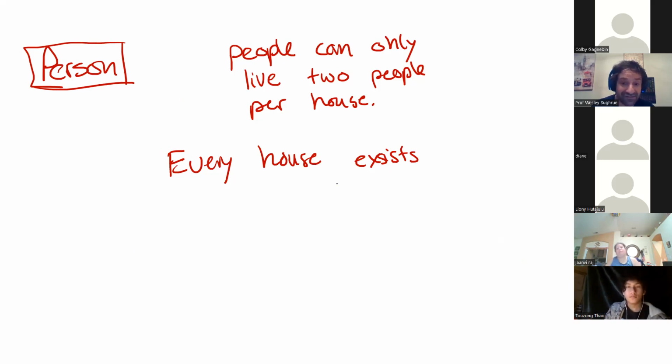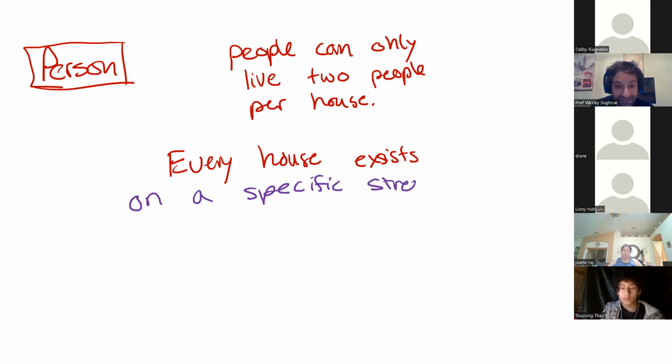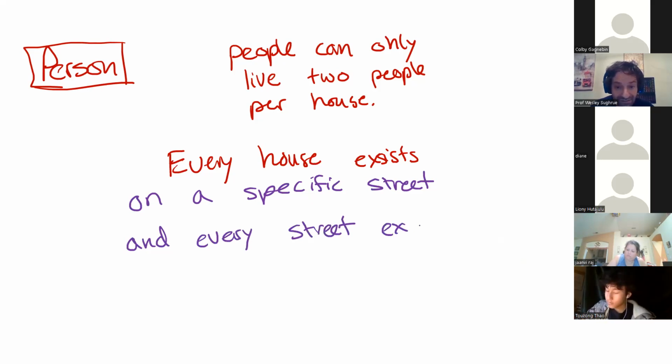So every house exists on a specific street, and every street exists in a specific city.